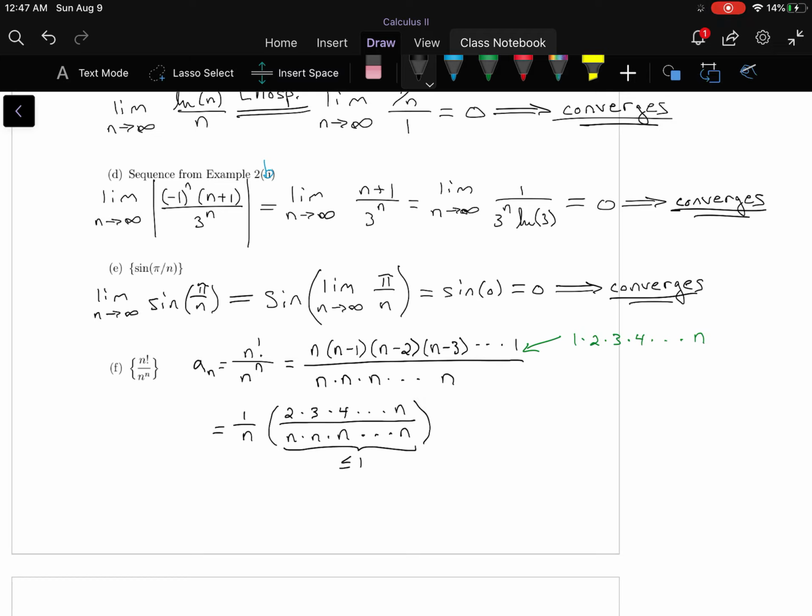So that means that our a sub n we know is going to be bounded above by 1 over n, and that 1 over n is this one here, and we know that it's bounded below by 0, as there is no term, and that's a strict inequality, by the way.